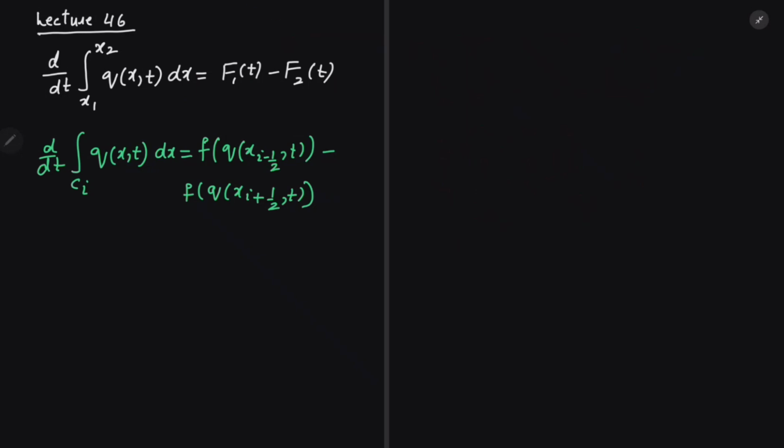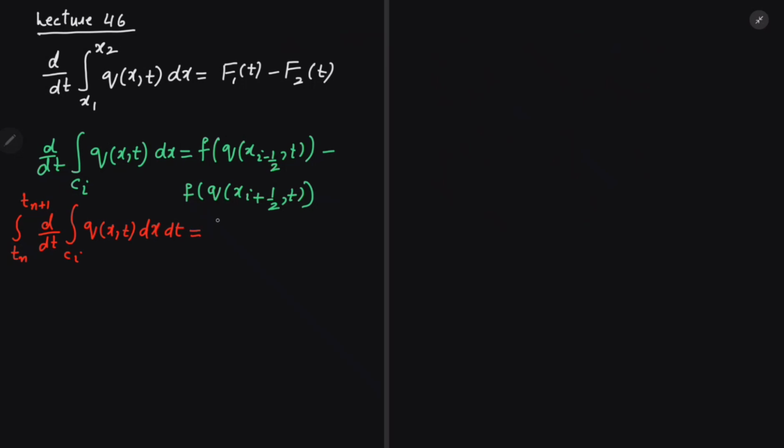If we integrate this equation by dt, for example, I integrate the left hand side from tn to tn+1 of d/dt of the integral over cell i of q(x,t) dx dt. I am integrating from tn to tn+1 since I want to get the value in the time evolution.